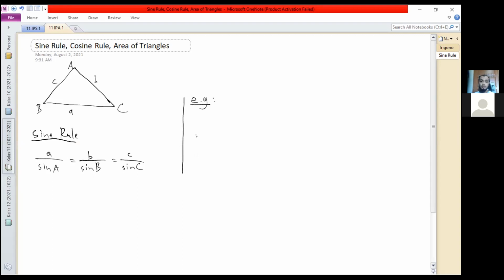Let's say we have this triangle, and the angles are 30 degrees on this side, and 45 degrees on this one.